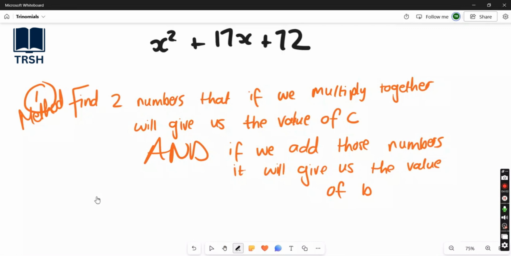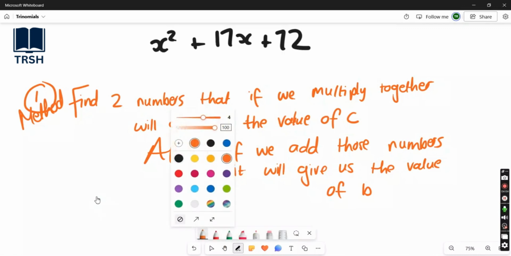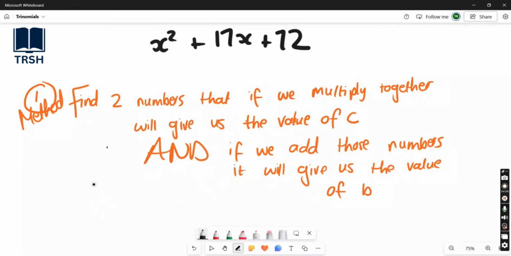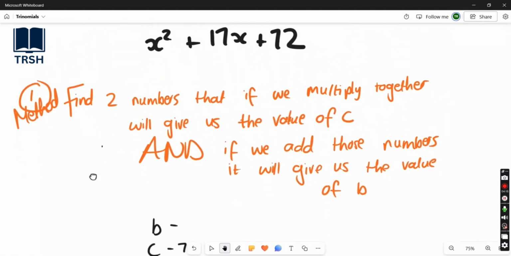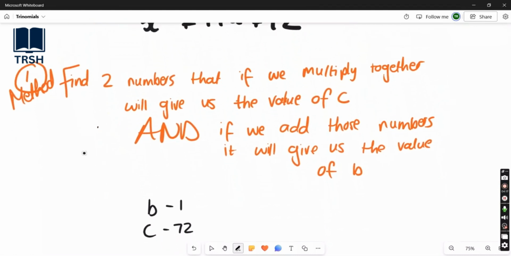In this example, we need to identify that our c value is 72 and our b value is 17. So which numbers, if we multiply them together, will give us 72, and if we add them, will give us 17?